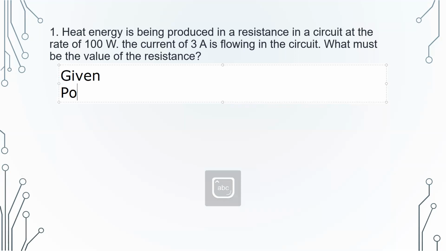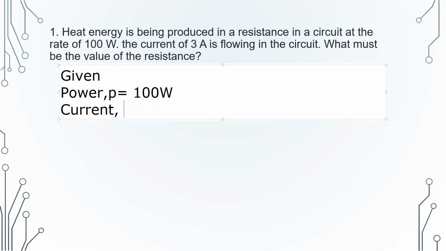So we can write power P is equal to 100 watt. Now current is also given. Current I is equal to 3 ampere.